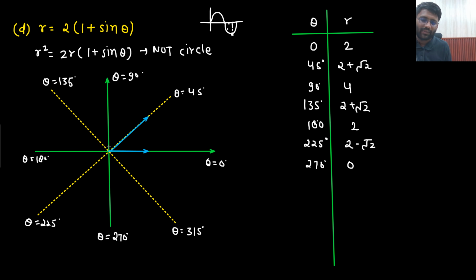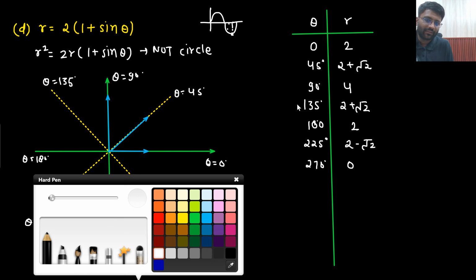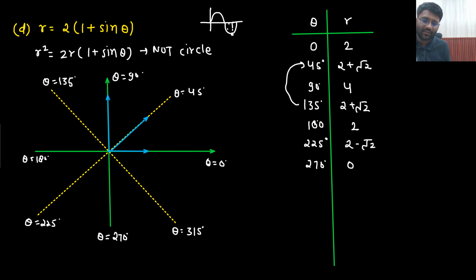At 90 the value is even more, which is 4. At 135 the value is the same as at 45. At 180 the value is the same as at 0, which is 2.